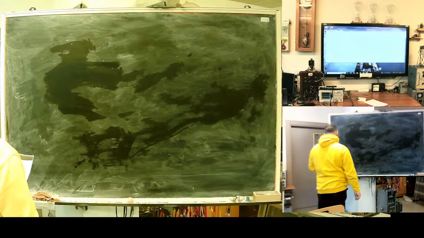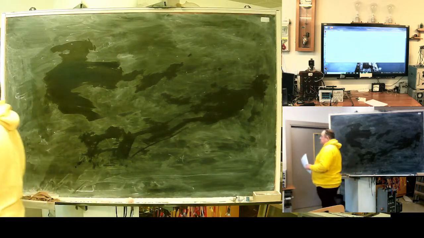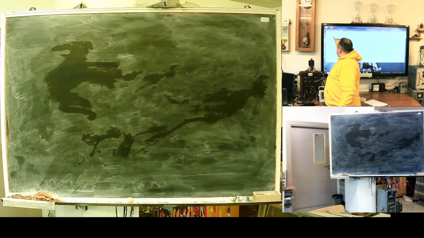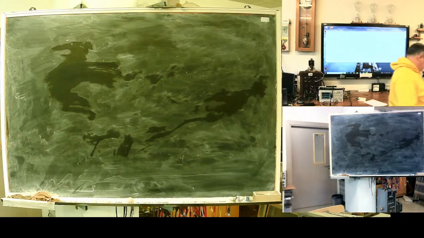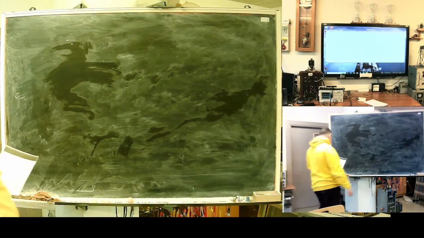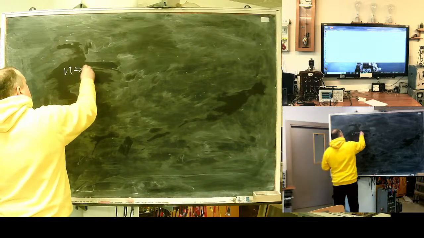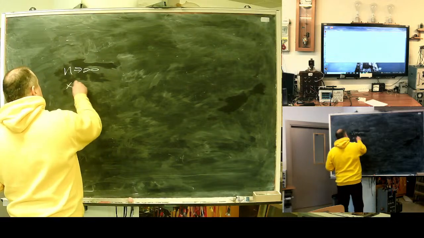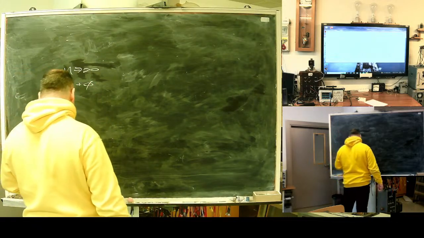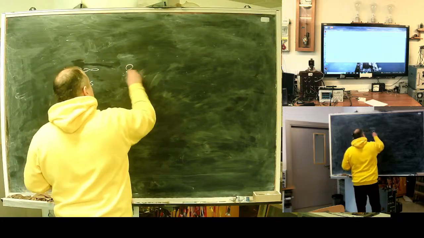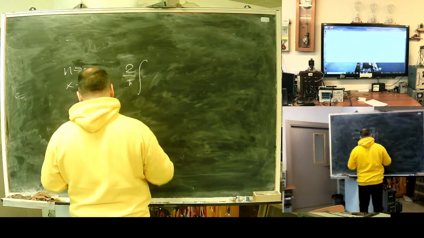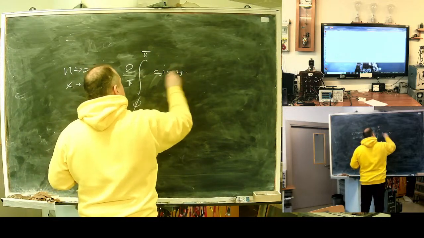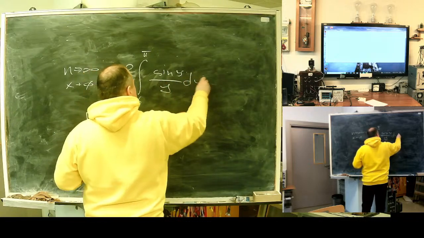What interesting point am I writing here? So when n goes to infinity, this point is 2 divided by π, integral from 0 to π, of sine y divided by y dy.